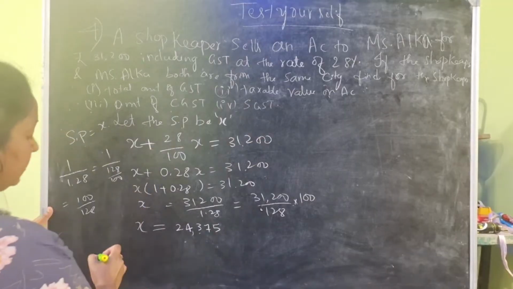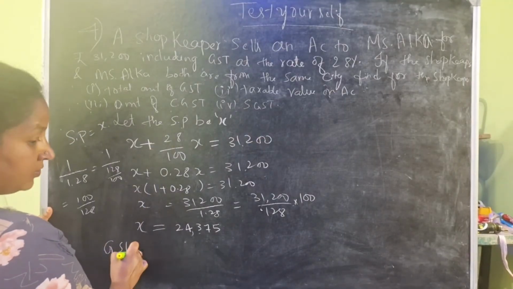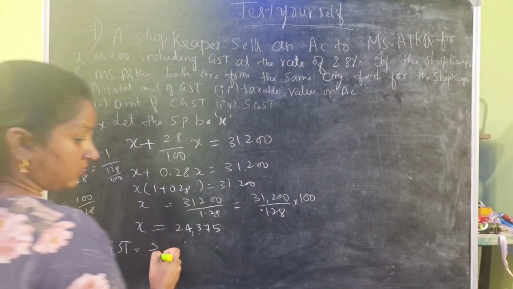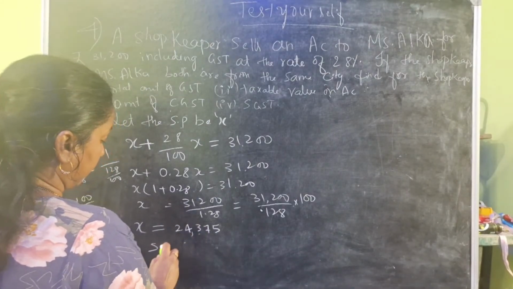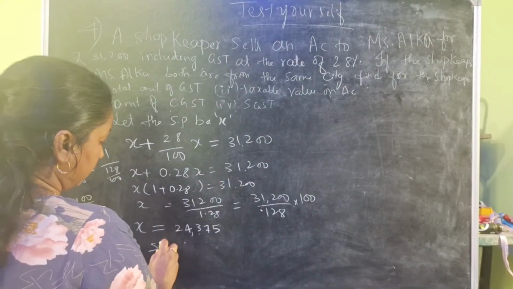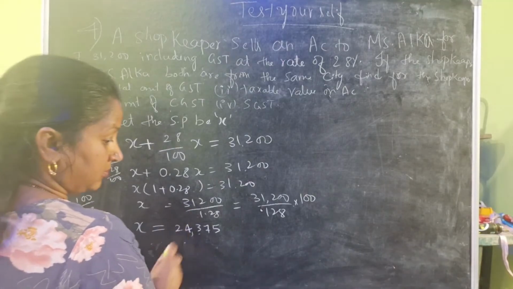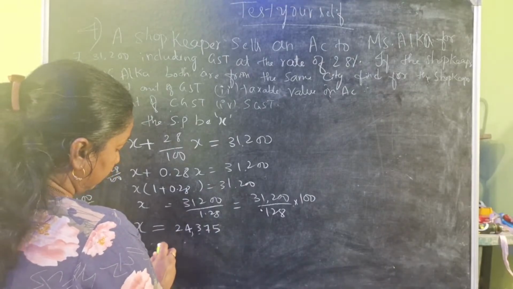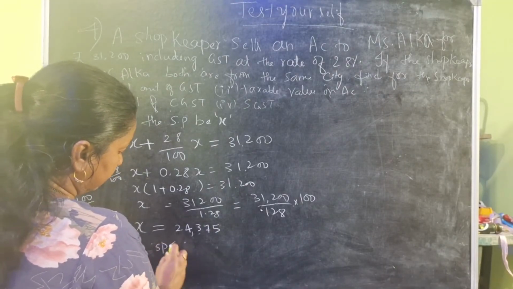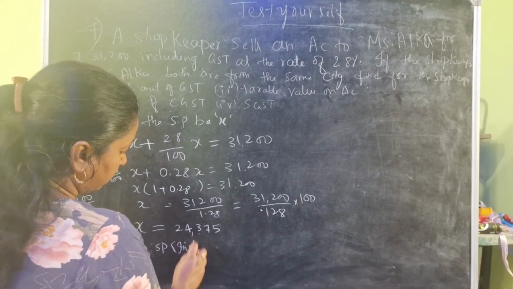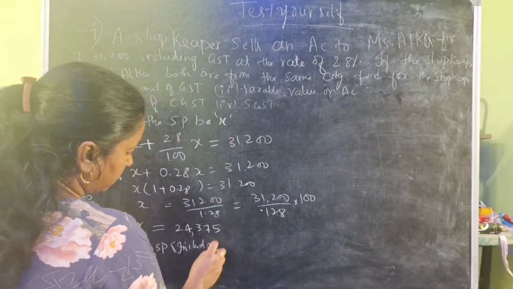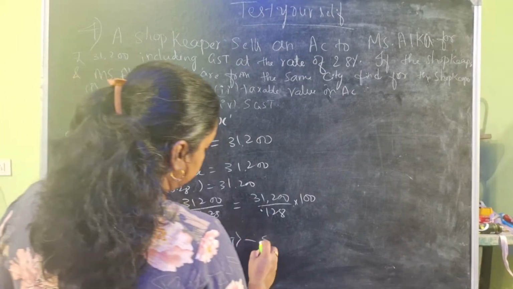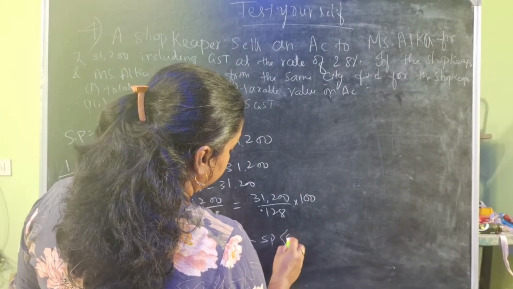To get the GST, we have to subtract the selling price including GST minus the selling price excluding GST.